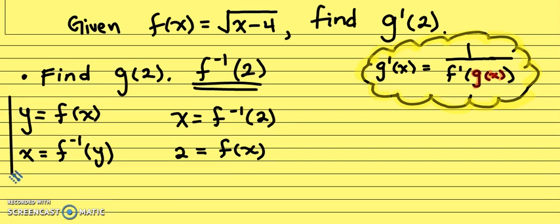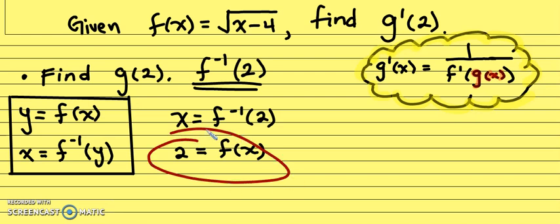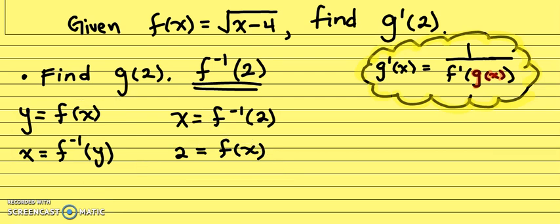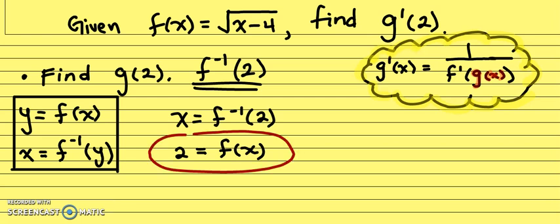This over here is kind of like a side note, but that 2 equals f of x, this I can use because at the beginning the problem gave us that f of x equals the square root of x minus 4.